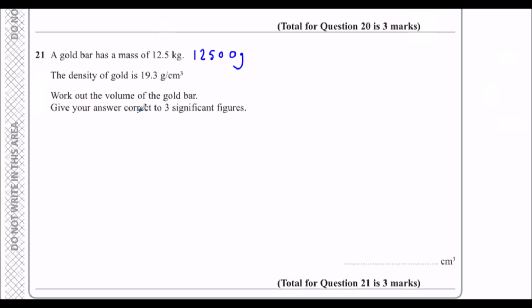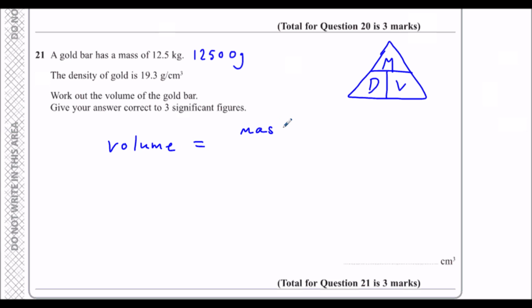Work out the volume of the gold bar. So we've got density, mass and volume. Density equals mass over volume. So if we want volume, that is mass over density. The mass is 12,500.